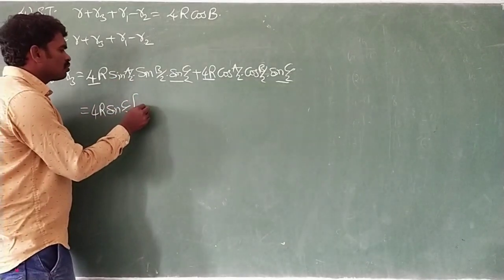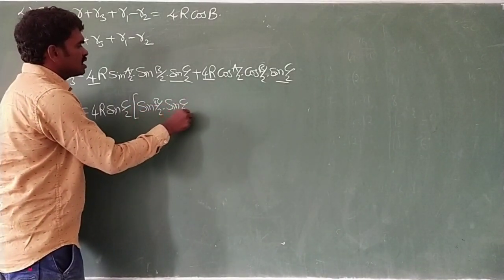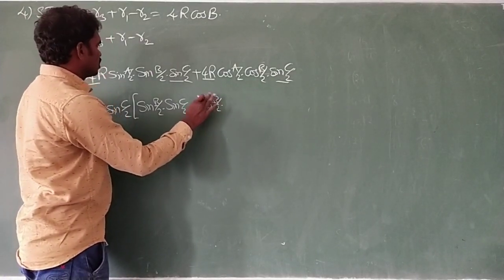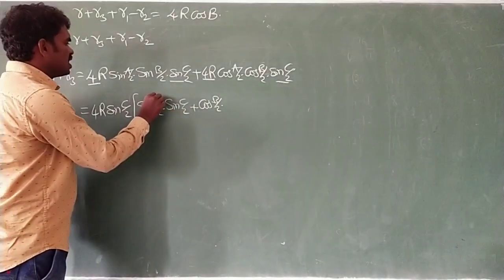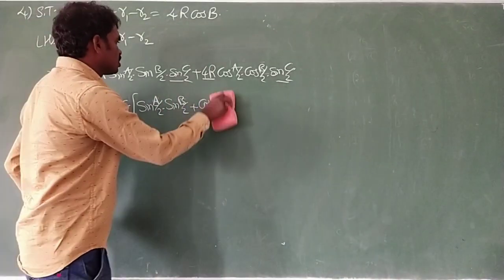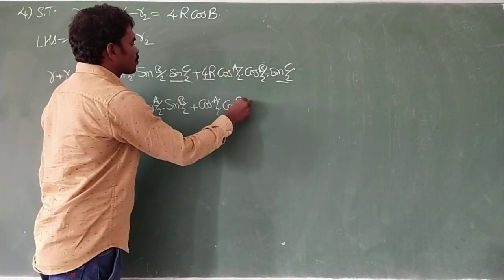Then the remaining terms are sin A by 2 sin B by 2 plus cos A by 2 into cos B by 2.